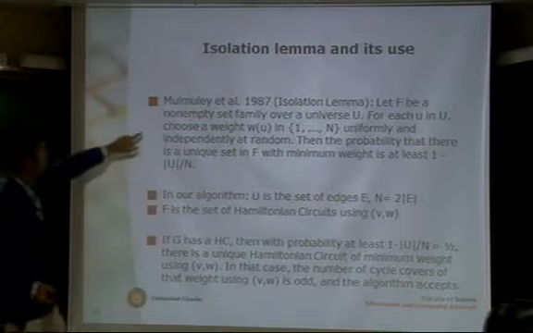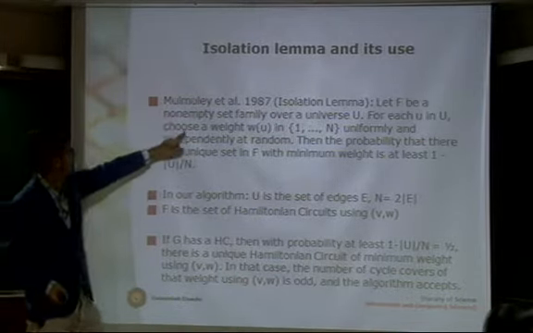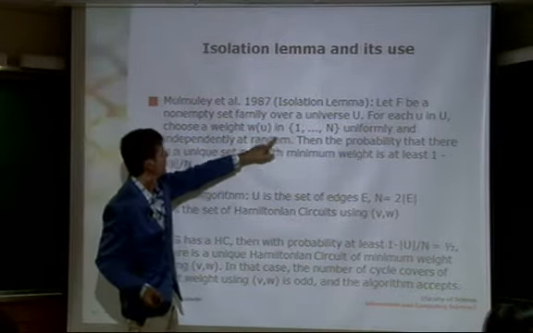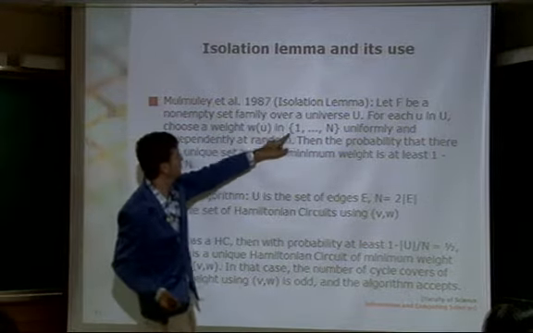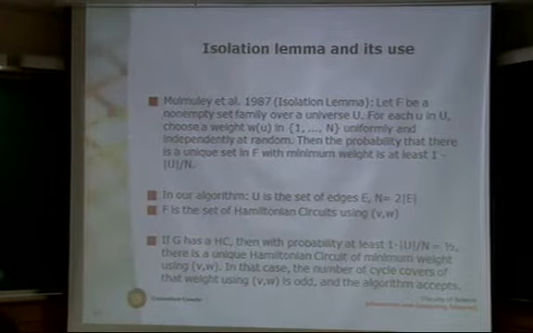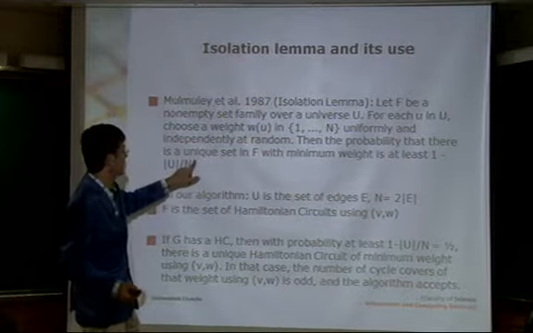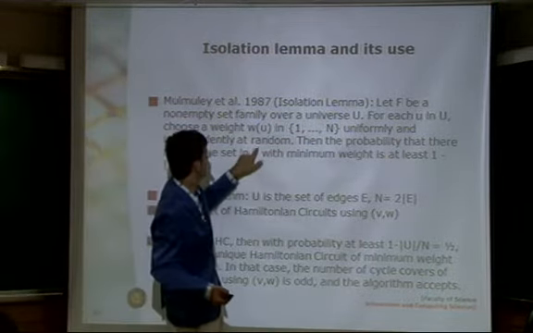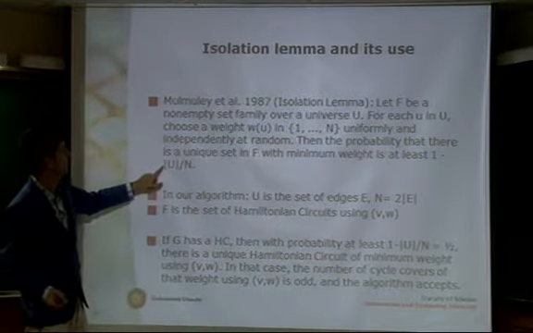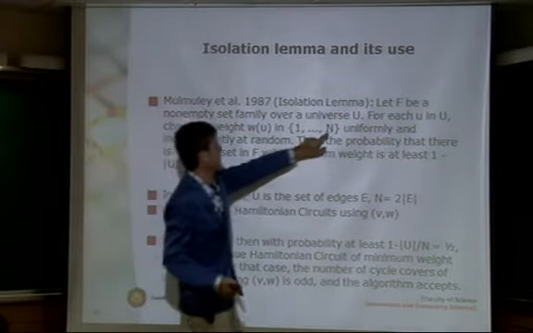There is the famous isolation lemma. It is the following. I have a set family over a universe, and for every element of the universe I choose a weight from 1 to N, uniformly and independently at random. Then the probability that there is a unique set in this family of minimum weight is at least 1 minus the size of the universe divided by N. N is just a value I choose myself.